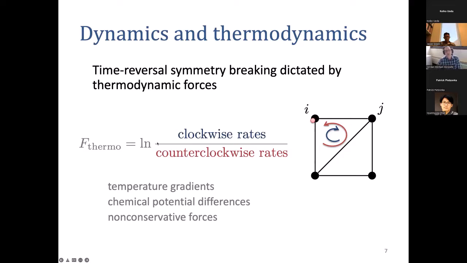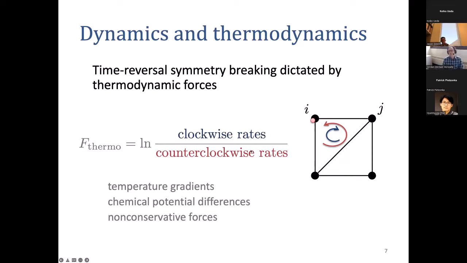In fact, I'll define a quantity I'll call the thermodynamic force that measures that strength as the log of the ratio of the product of rates around any clockwise cycle to its reverse, right? The idea being that if I break time reversal symmetry more strongly, these quantities are bigger, and I'll be farther from equilibrium. And if all these quantities are zero, then I'll be at equilibrium because the dynamics will be time reversal symmetric.